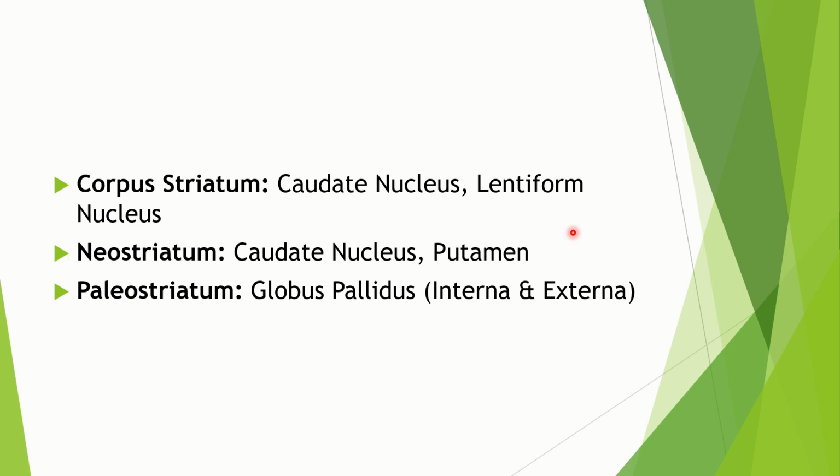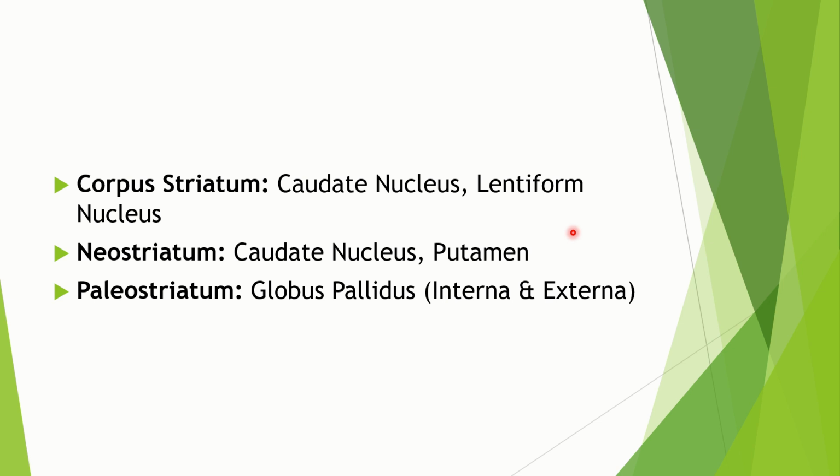You will definitely hear about and certainly need to remember these terms: the corpus striatum, which includes the caudate nucleus and the lentiform nucleus; the neostriatum, which includes the caudate nucleus and part of the lentiform nucleus, being the most external aspect, which is the putamen.